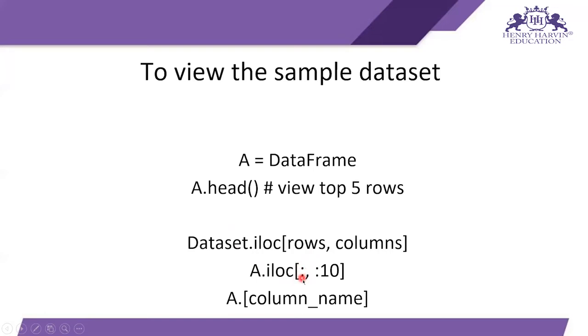I want all rows, so I type nothing before and after the colon. And if I want the first 10 columns of the data frame, I type the colon, then the column range, and I don't type anything before the colon. So here I get the dataset, which I can view or store into another variable.